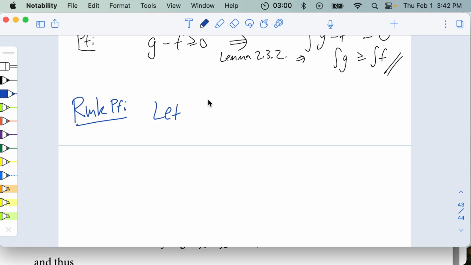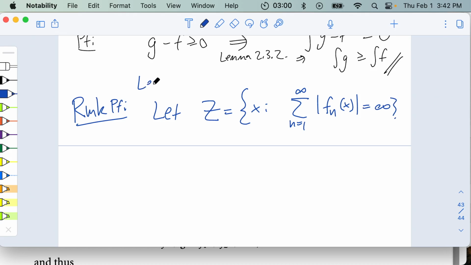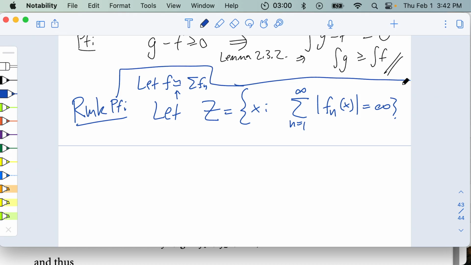Let z be the set of x such that the sum of the absolute value of fn of x diverges. Let's say I'll write equals infinity because they're absolute values, so that tracks. So let f be the sum of the fn's, like tilde equal the sum of the fn's, and let z be the set where it diverges, right?